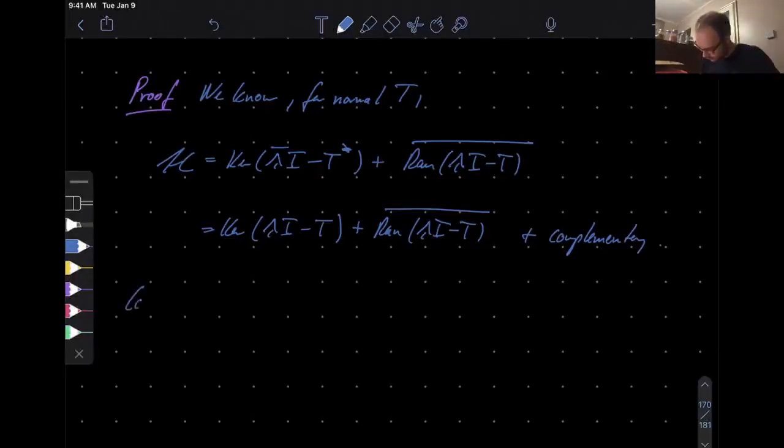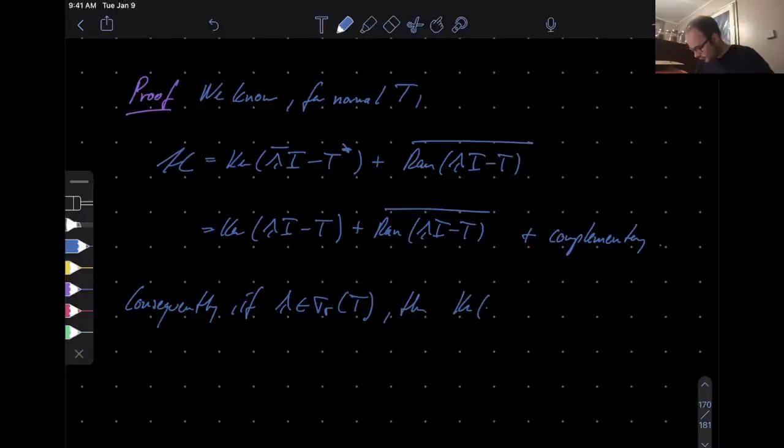Consequently, if lambda is in the residual spectrum, then by definition, the kernel of lambda I minus T, because points in the residual spectrum are not eigenvalues, would be the 0 vector space. So this first piece here would be gone.